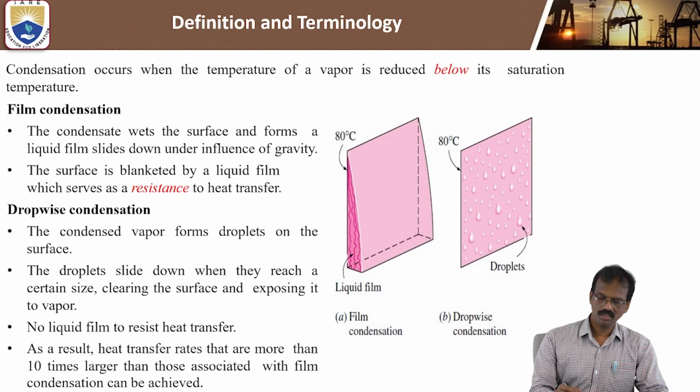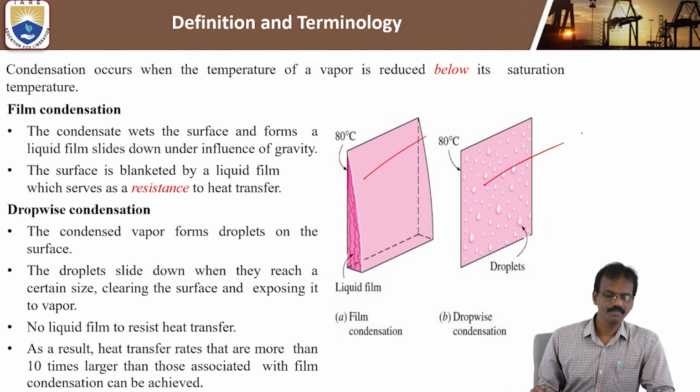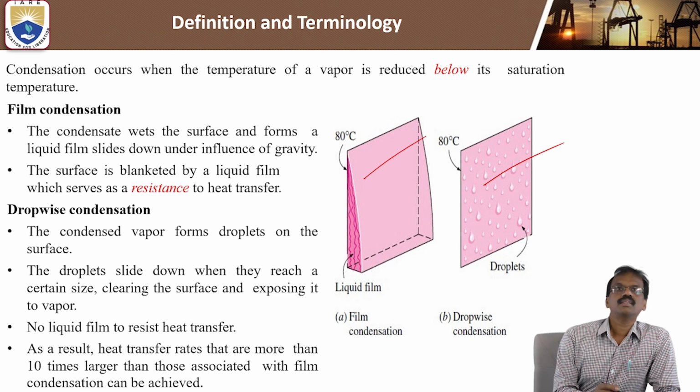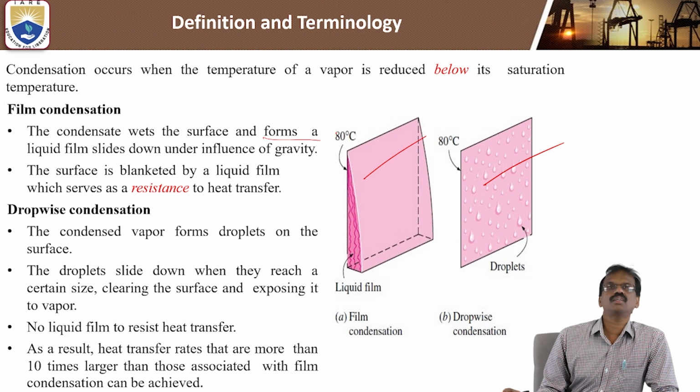Drop phase condensation, just like here. This is the film phase condensation. This one is the drop phase condensation. In film phase condensation, we say the condensate wets the surface and forms a liquid film, which slides down under the influence of gravity. Because of gravity, this water slides down.